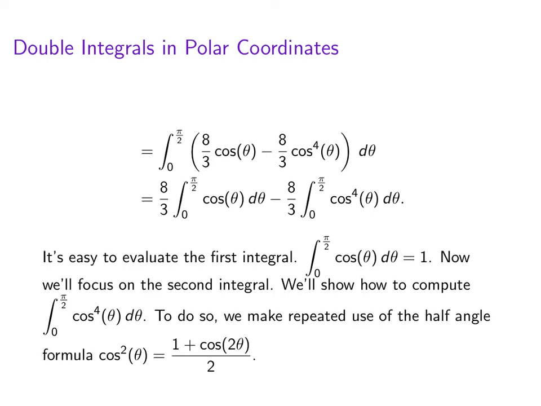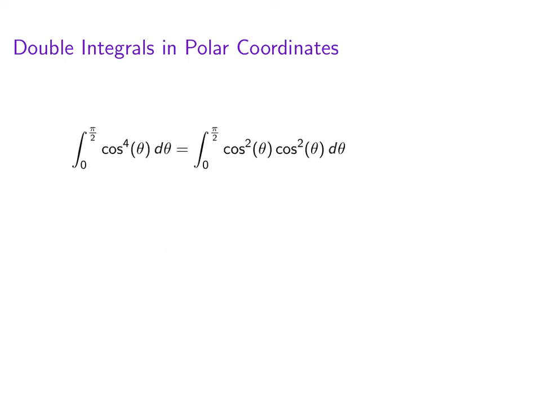The way we'll do this is make use of the half-angle formula cosine squared theta equals 1 plus cosine 2 theta over 2. We'll have to use that a couple of times. So we'll split the integrand up as cosine squared theta times cosine squared theta. We use the half-angle formula to transform this into 1 plus cosine 2 theta over 2 quantity squared.